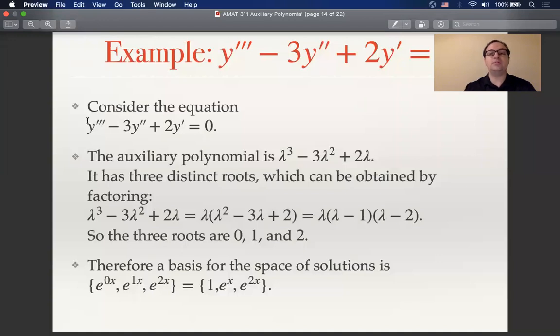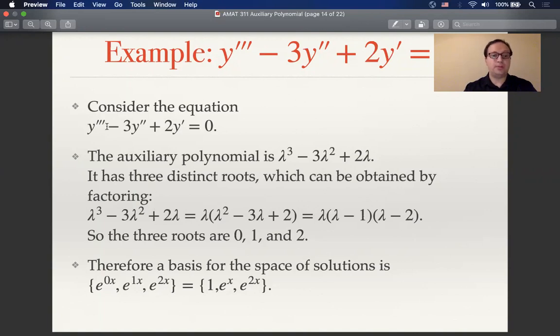So let's see an example of how this works for a concrete equation. Let's consider the equation y triple prime minus 3y double prime plus 2y prime is equal to 0. This is a linear homogeneous third order ordinary differential equation. So when computing the auxiliary polynomial, we replace each derivative by a power of lambda.